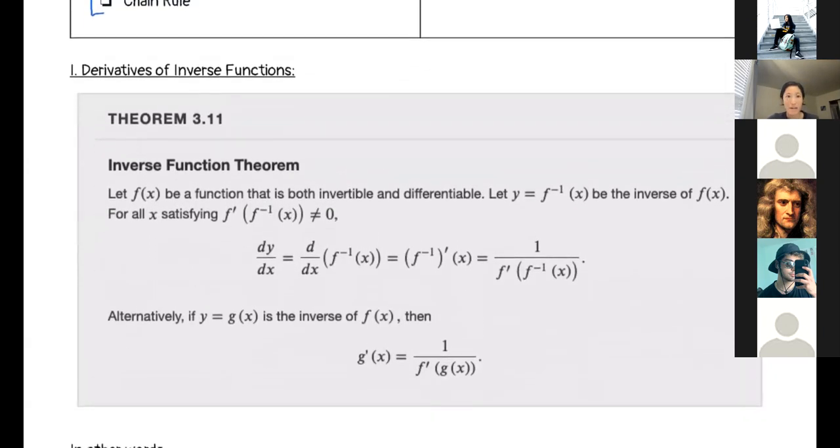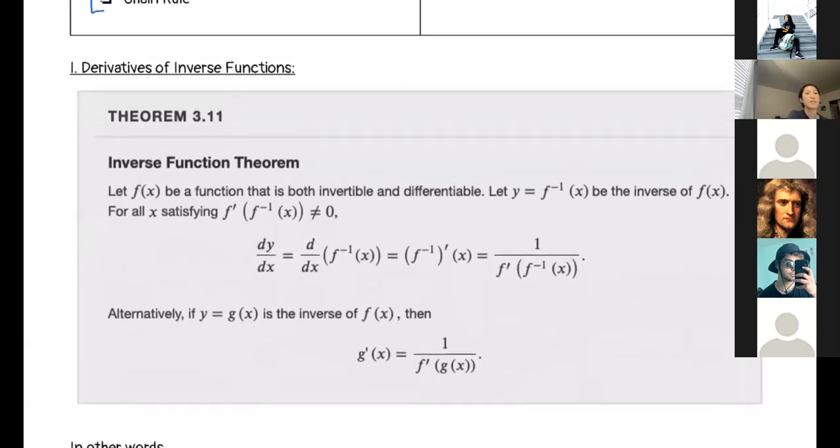And so we're going to start right here with this theorem, okay? So this theorem, the inverse function theorem, looks like this. So give you a moment to read that over.